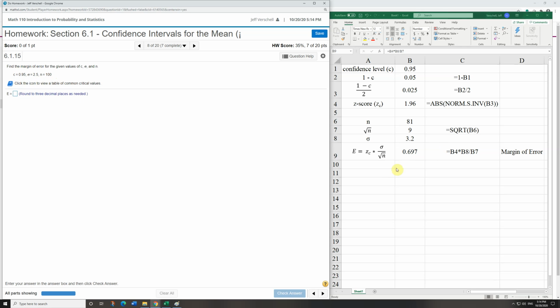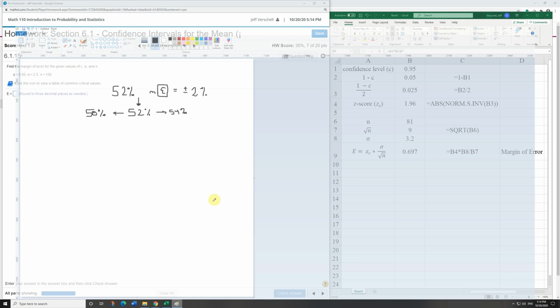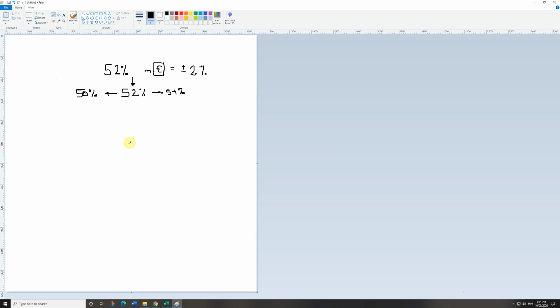Okay? And what's going to happen, it'll ask you to set up the interval. Now again, this is my margin of error, so what does that mean? Well, again, let's say I did a problem. They tell me that the sample mean was 12, and they tell me, or we found that the margin of error was 3.4. They say, what is the interval? Well, the interval is going to be your mean minus that margin of error, all the way up to your mean plus the margin of error.